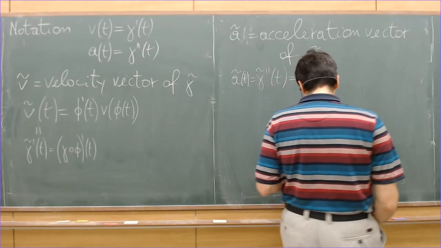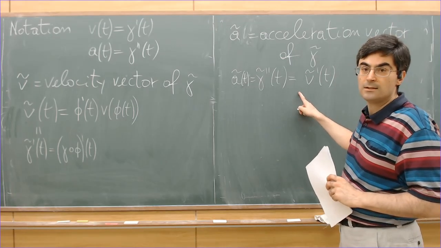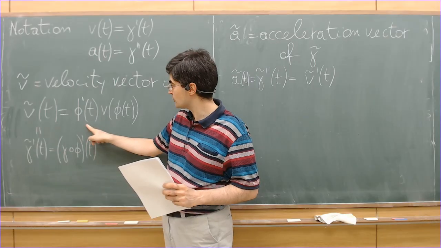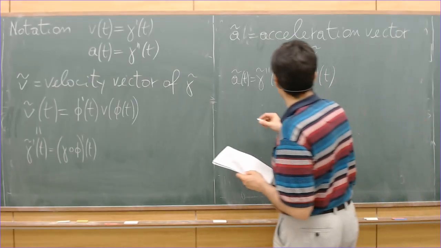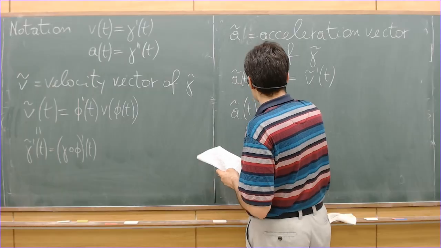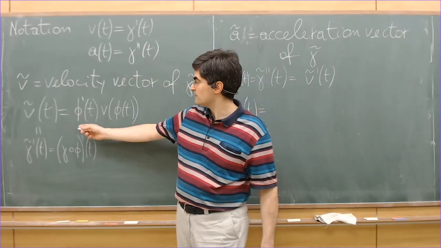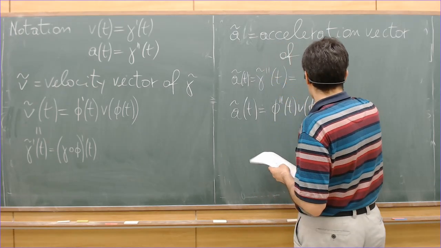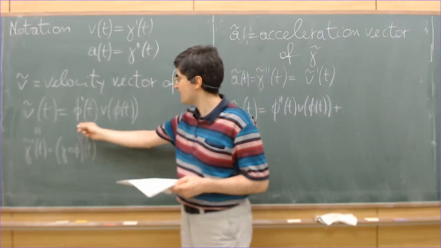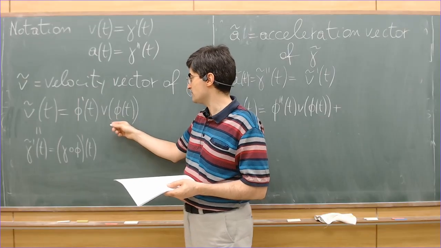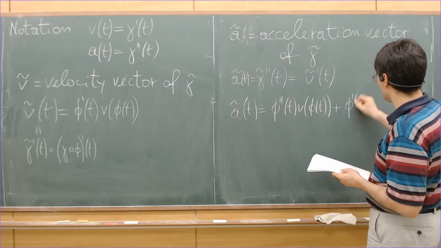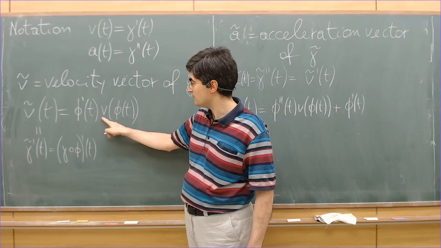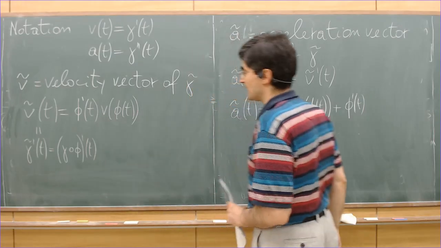So once again, by chain rule and by the rule of the derivative of a product of a scalar function and a vector function, you get that A tilde t is the derivative of the scalar function times this function, plus the scalar function multiplied by the derivative of this function here, that is phi prime of t, times the derivative of this by chain rule, which is phi prime times v prime, but v prime is a, the acceleration of gamma.